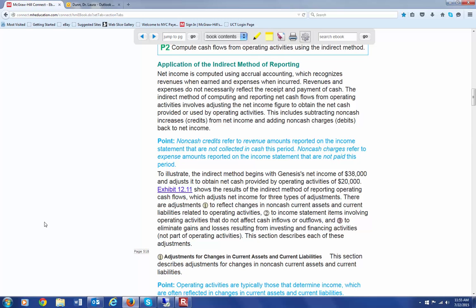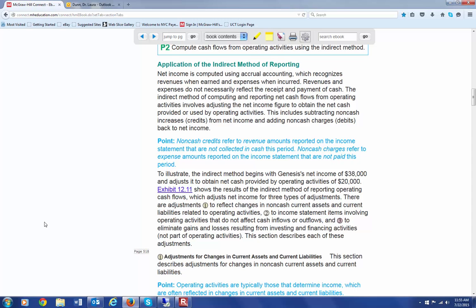So keep in mind that those revenues and expenses do not necessarily equate with the actual amount of cash received or paid, because you may record the revenue, but you haven't actually got the money yet. Or you may record the expense, but you haven't actually had to pay or write the check yet, because we're doing this in terms of accrual accounting, not cash accounting.